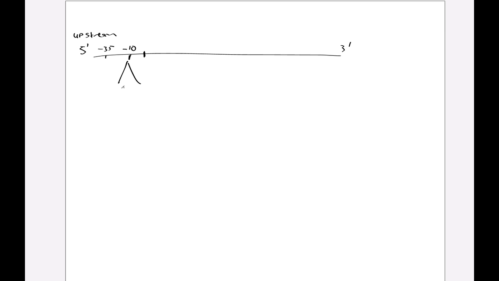The -10 region has what we call a consensus sequence of T, A, T, A, A, T. And the -35 site will have a consensus sequence of T, T, G, A, C, A. Now what these two sites together constitute is a promoter element.